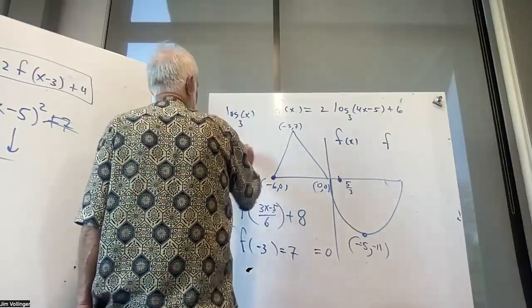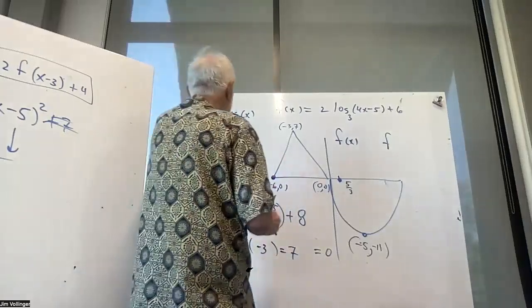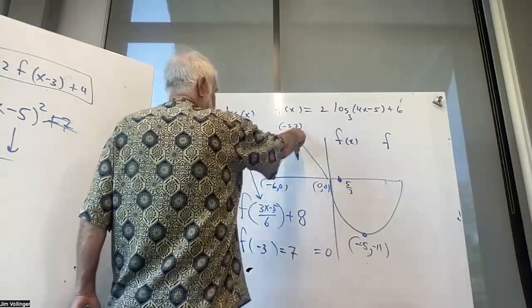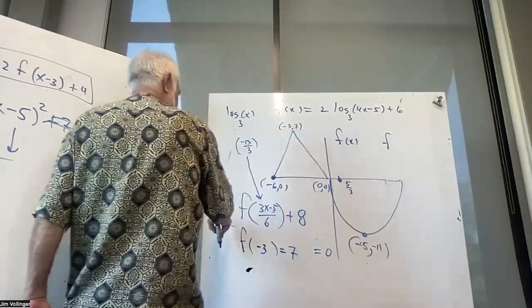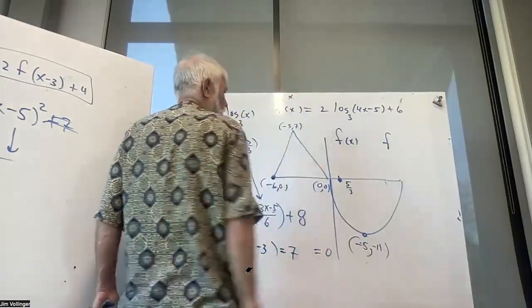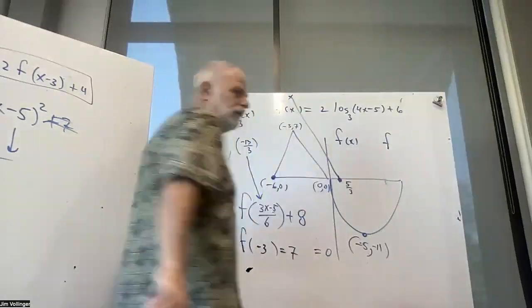I now know that when I plug in -13 divided by 3, I'm going to get f of -3, which is 7. And 7 times 2 is 14. 14 plus 8 is 22. I knew I'd be off the board, but I'm up there, and now we've got this section of the graph graphed. That's all I had.